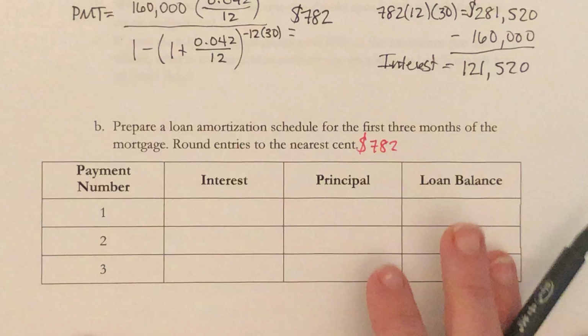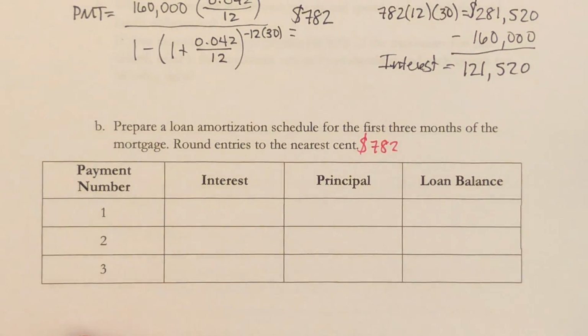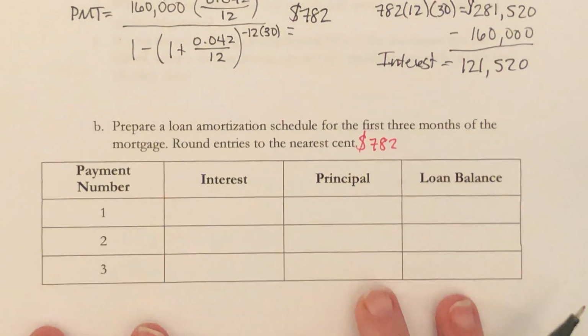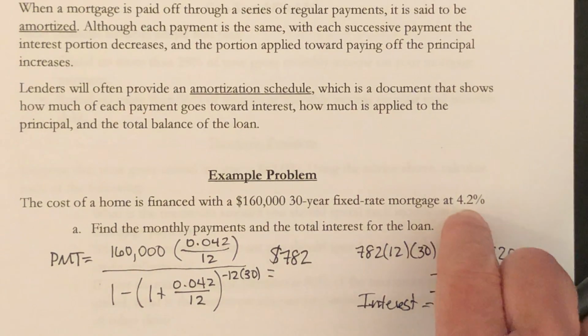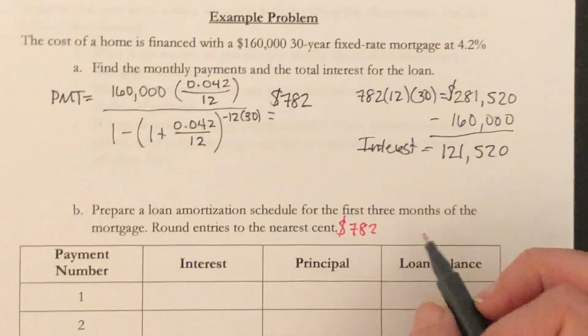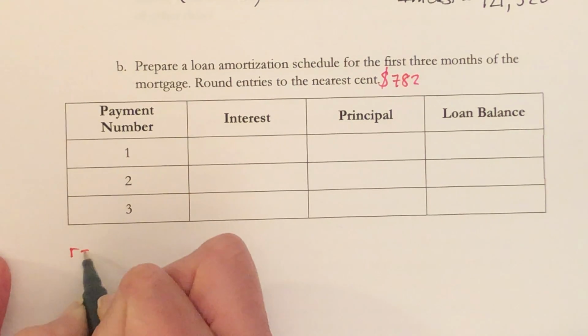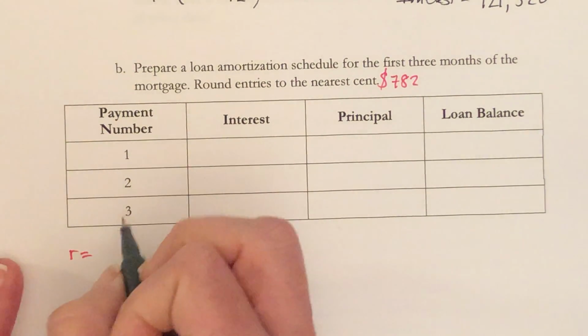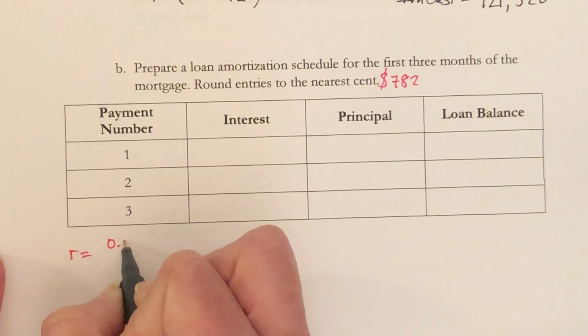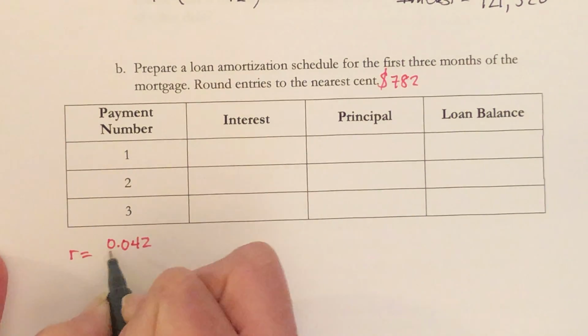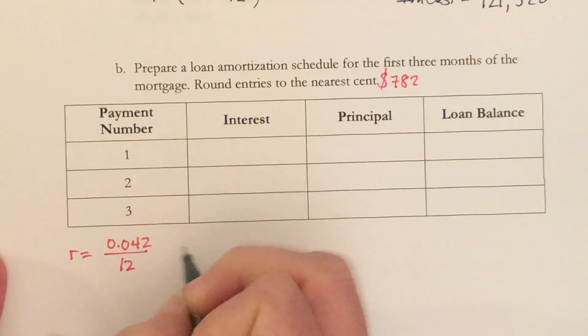And we also need to figure out how much interest we're being charged every month. This is an annual interest rate. So the rate we're going to use, because it's for months, is we're going to take the 0.042 and divide that by 12.